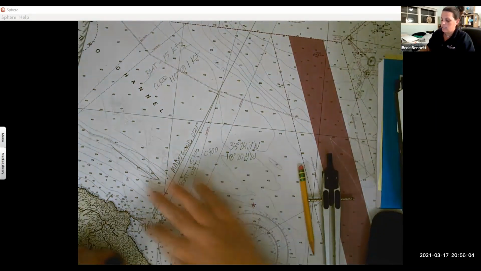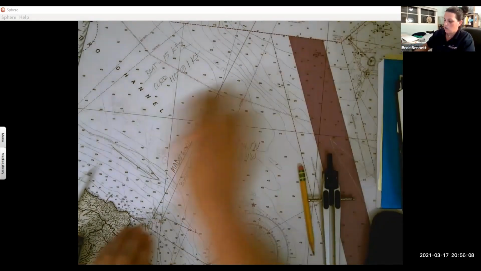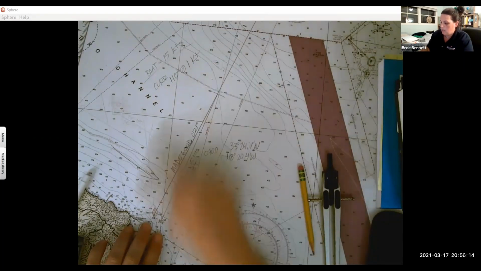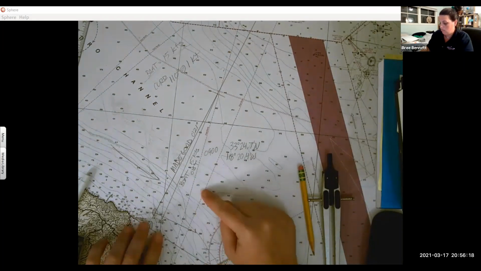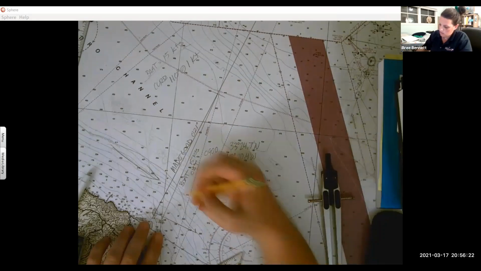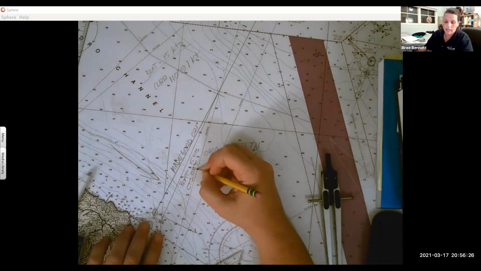So even though we didn't draw this line all the way across the chart, we made it a short triangle on the half hour. And we got our course to steer. So our course to steer is 018.